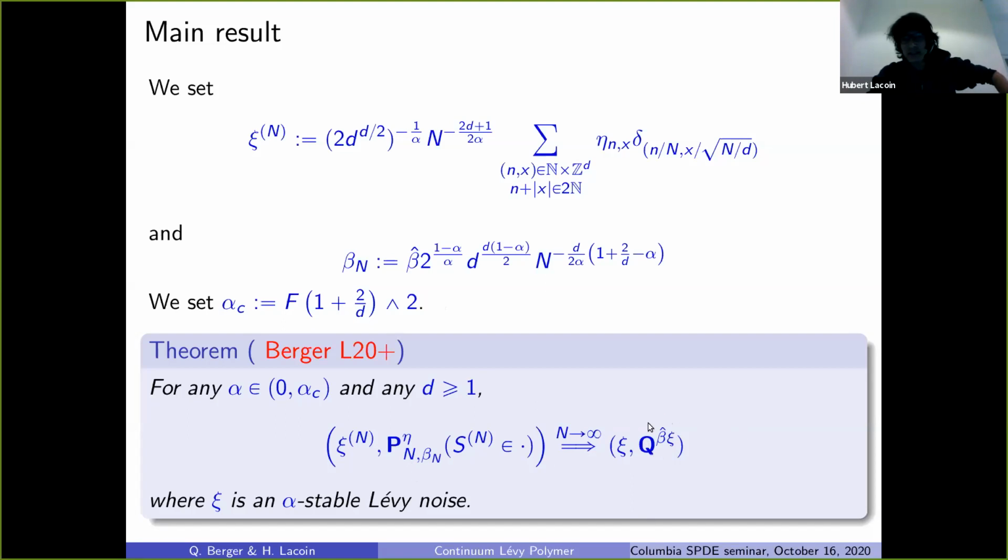And if you have this prefactor in front of your n, you will find this prefactor in front of the noise there.